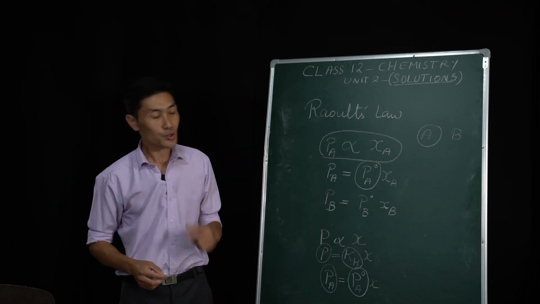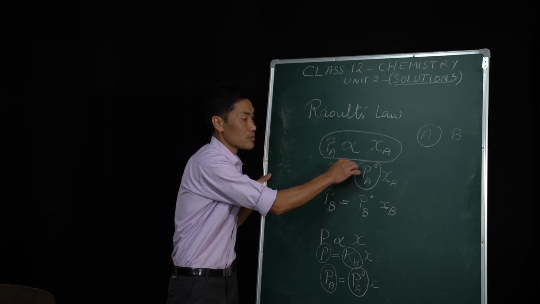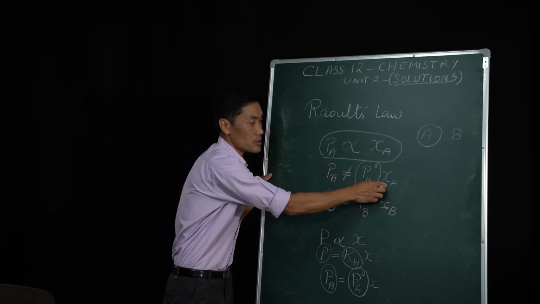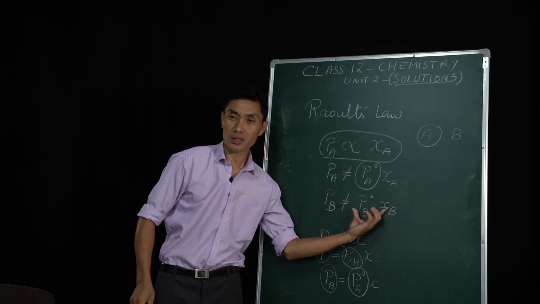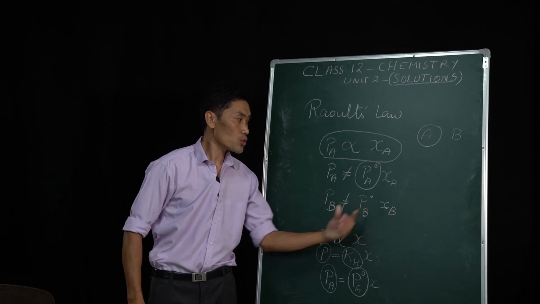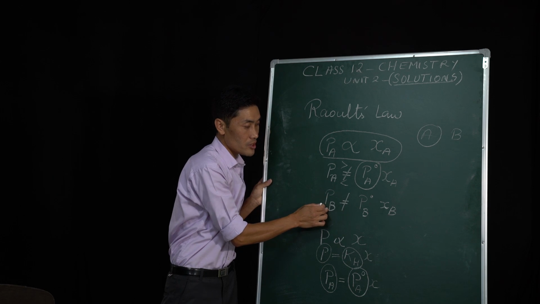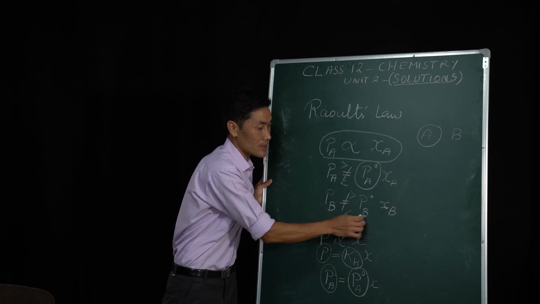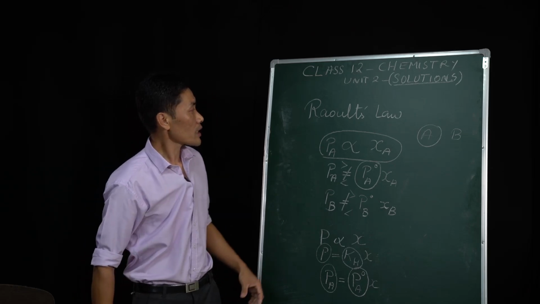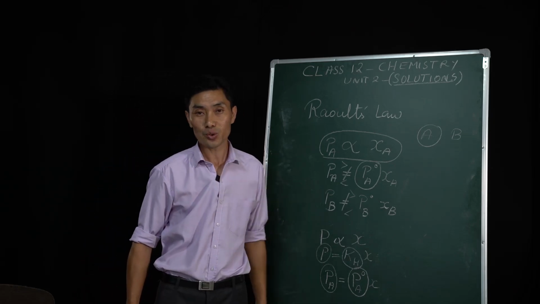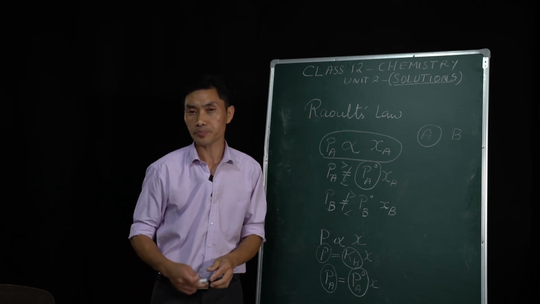However, we will find certain solutions in which these are not equal. PA may not be equal to this, PB may not be equal to this product. In other words, PA and PB may be greater or less than this product. Such solutions are said to be non-ideal solutions, and they do not follow Raoult's law.